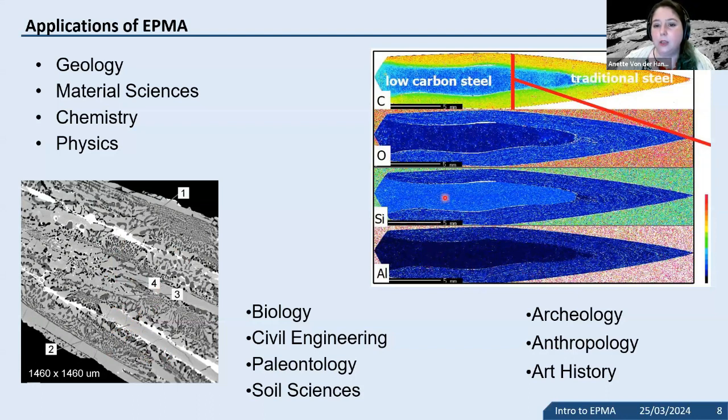Looking at cross-sections of an archaeological artifact can tell us a lot about the manufacturing and the type of techniques that were available at previous times. Throughout this week, you will hear various applications, probably dominantly in the earth sciences, but again, also other fields where the electron microprobe is an important part of the analytical workflow.